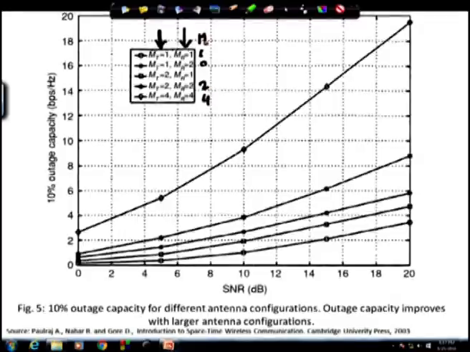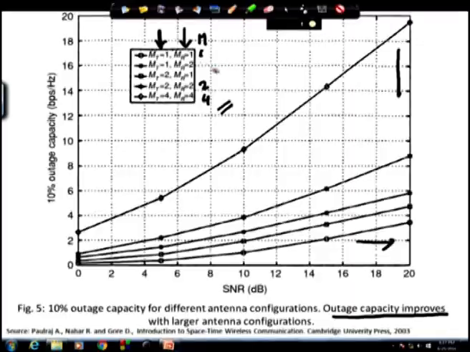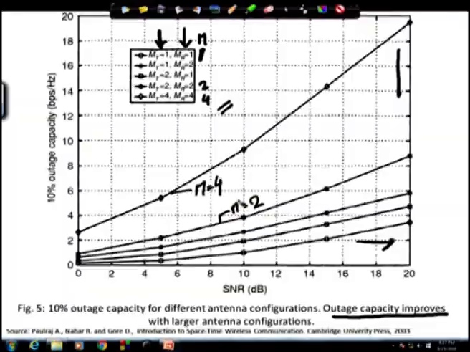So we have M. That means this diamond curve is M is equal to 4, and this particular star is M is equal to 2, and this particular line is M is equal to 1.